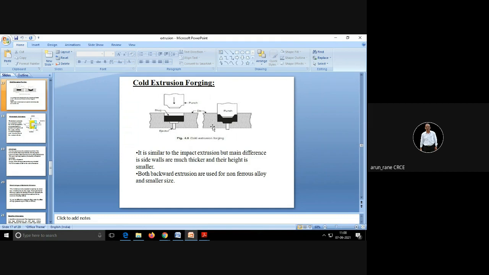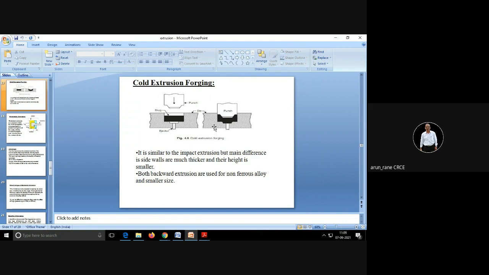The only problem with using this ejector rod is that the component is in hot condition and you are using the ejector rod to push, so there is contact between the ejector rod and the component. So you get a mark of the ejector rod because it's hot.